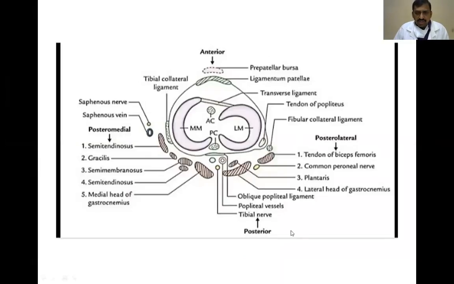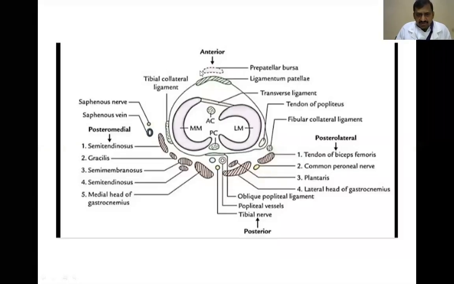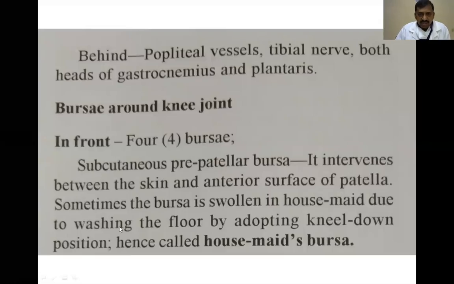These are the relations of the knee joint: anterior, anterolateral, posterolateral, anteromedial, posteromedial. The most posterior relations are the popliteal vessels, tibial nerve, both heads of the gastrocnemius, and plantaris.